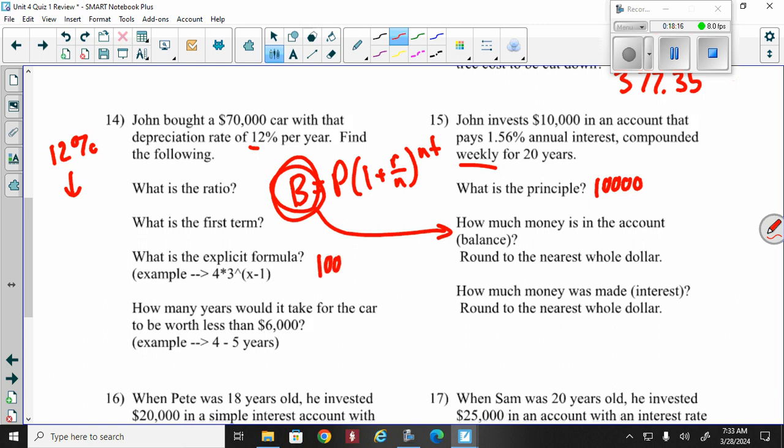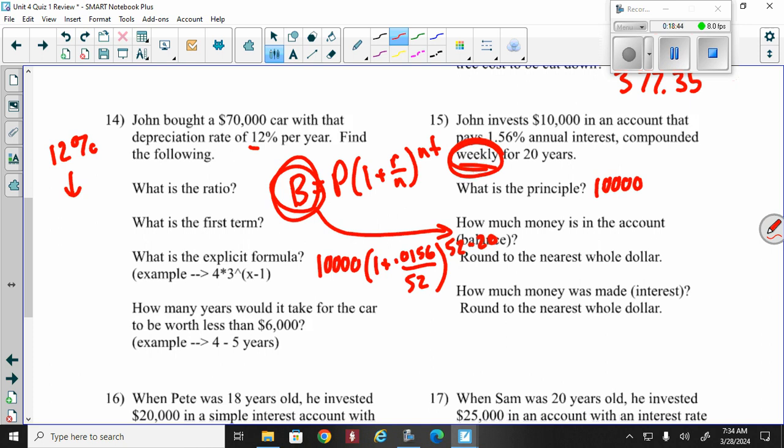So 10,000, parenthesis, 1 plus the r 0.0156 over, it says weekly, which is 52, parenthesis, 52 times 20. There's no room to write on this thing. All right, so 10,000, parenthesis, 1 plus 0.01156 divided by 52.